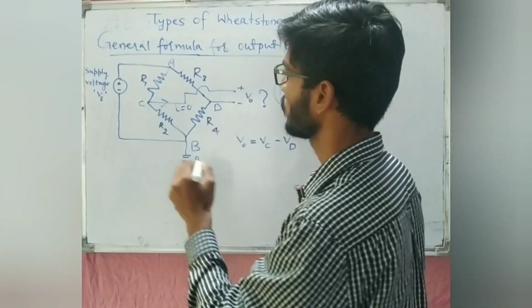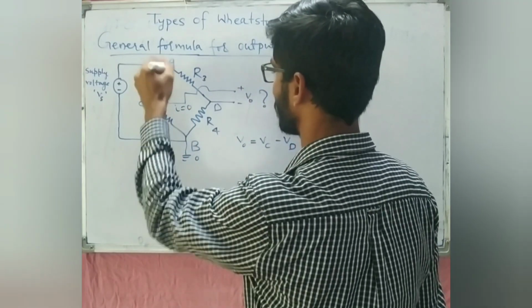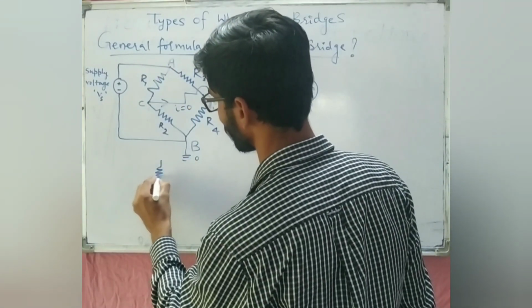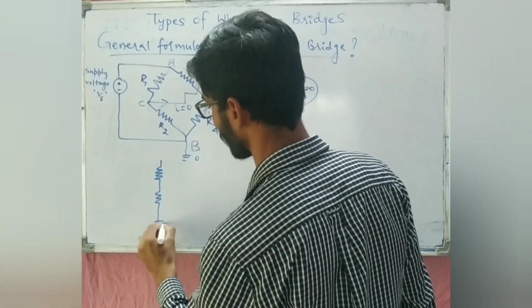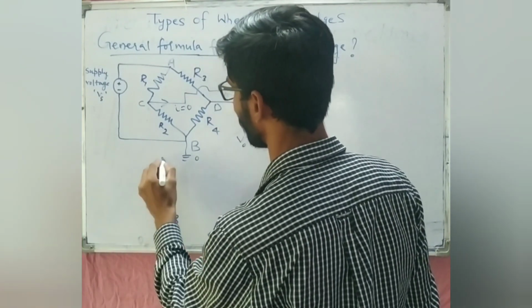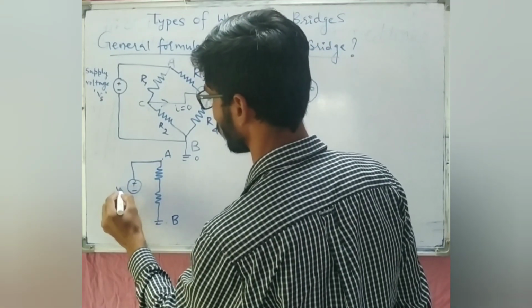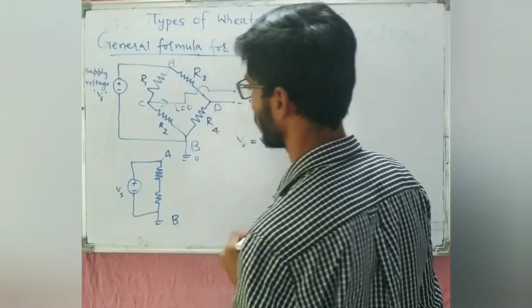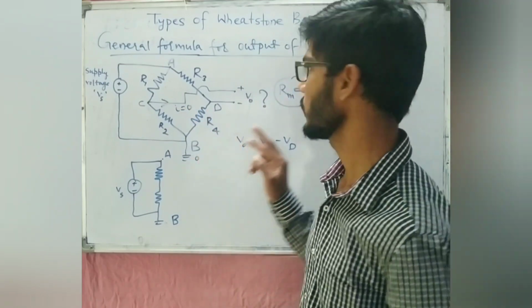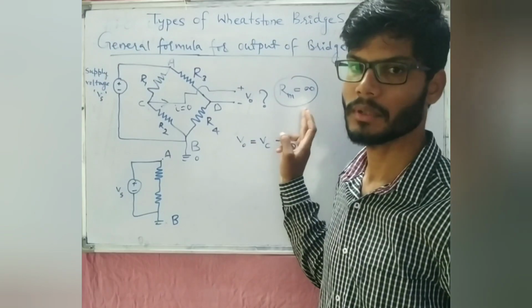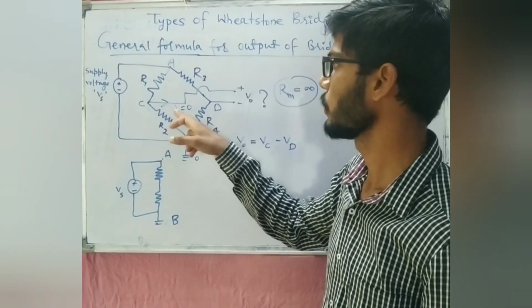So let's separate this circuit diagram into two different parts. This is the point B and this is the point A, where the supply voltage is connected. Why am I able to separate this? As I already mentioned, we have to assume that the resistance of the meter is infinite, so that it is not going to draw any current.